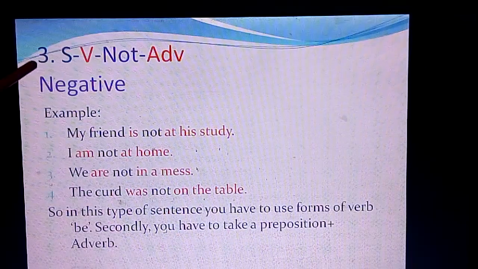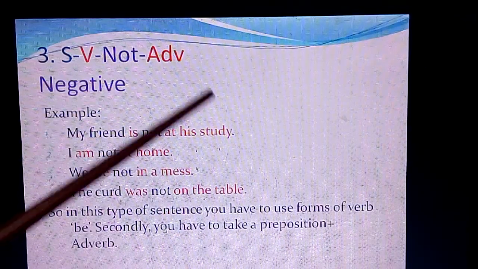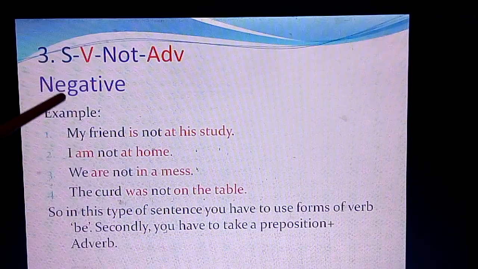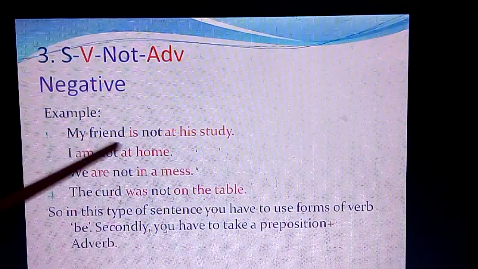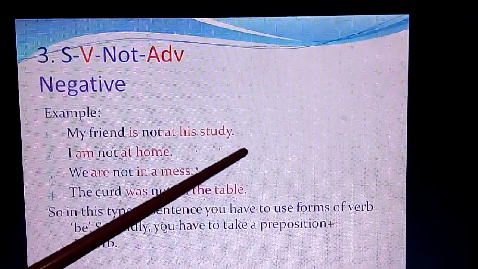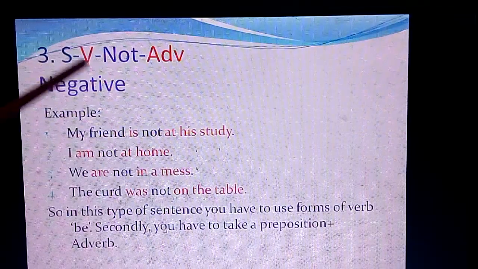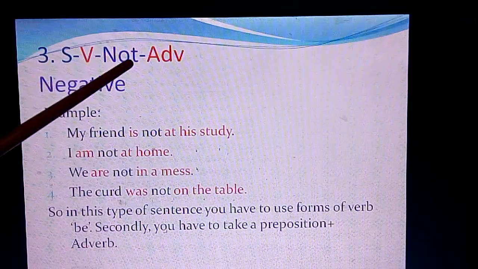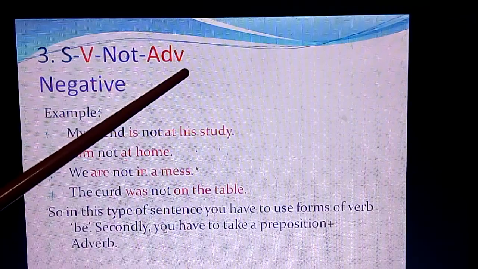Then third of negative is subject, verb, not plus adverb. So negatives, we are continuing. Example: my friend is not at his study. My friend, subject, is not at his study. Where?